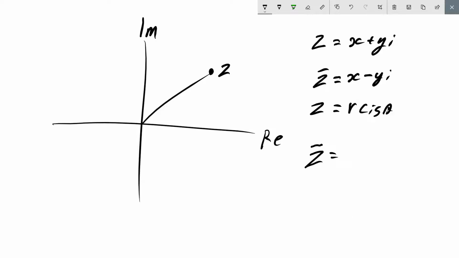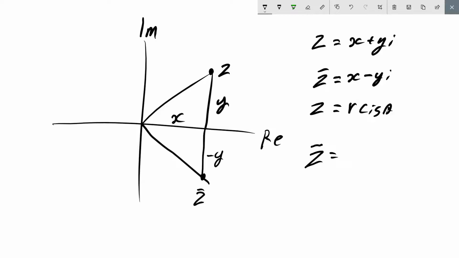So let's plot that. We are positive y here and positive x, and then z conjugate is going to be down here, and we're going down negative y this time, but we're still going the same distance x.